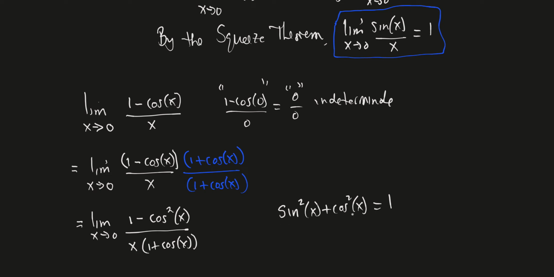This is one of the fundamental identities from trigonometry. So this means if I subtract cosine squared x from both sides, it means that sine squared x is equal to 1 minus cosine squared x.